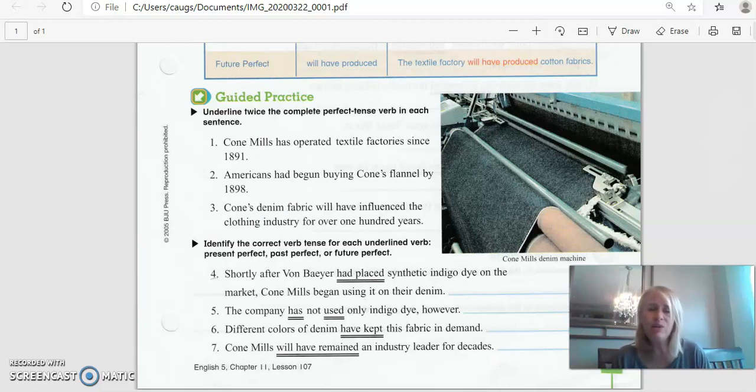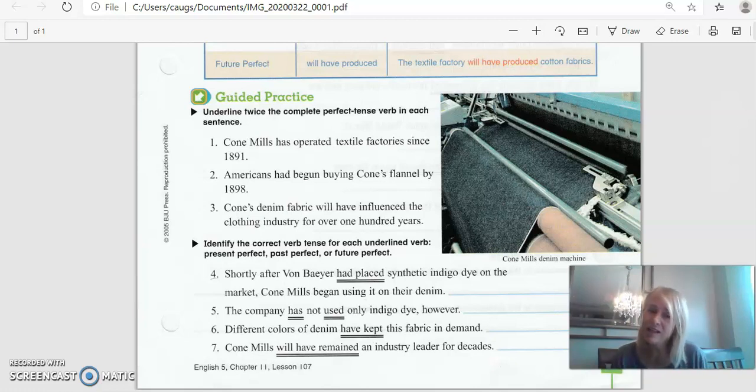Okay, so let's go to the next section, numbers 4 through 7. It says identify the correct verb tense for each underlined verb. And you have to put present tense, past tense, present perfect, past perfect, or future perfect here. Okay, number 4, shortly after Von Baer had placed synthetic indigo dye on the market, Cone Mills began using it on their denim.